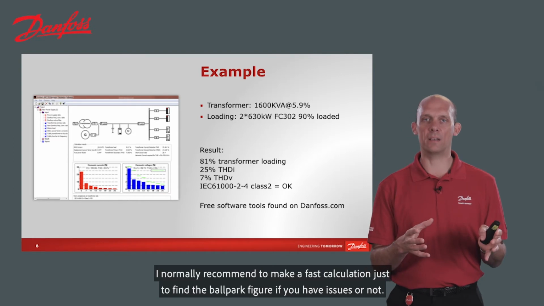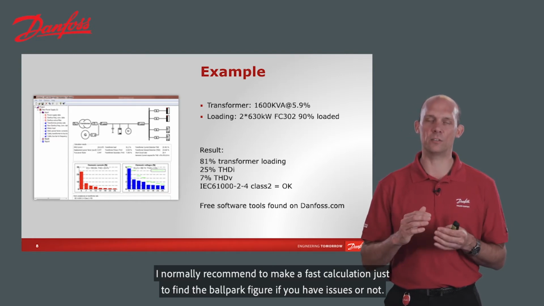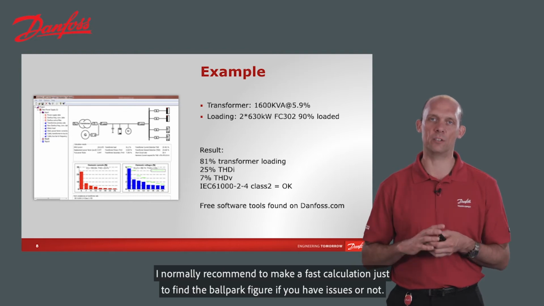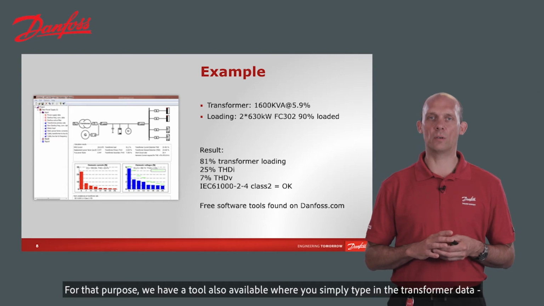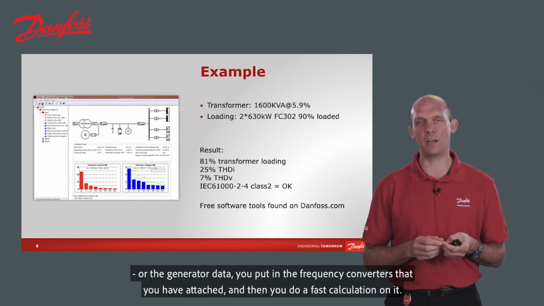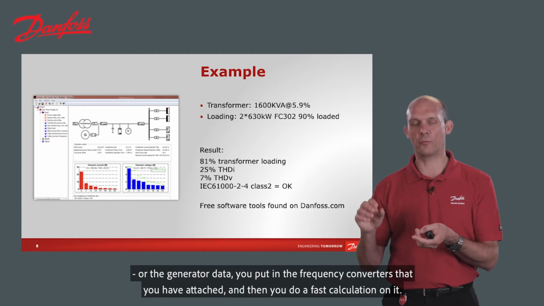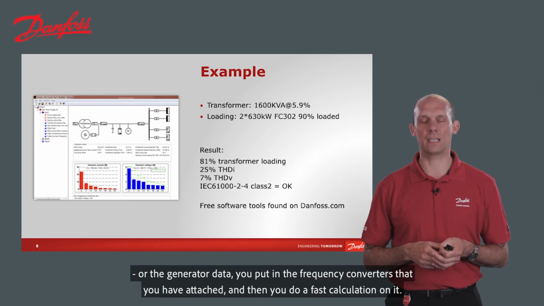I normally recommend to make a fast calculation just to find the ballpark figure if you have issues or not. And for that purpose, we have a tool also available where you simply tap in the transformer data or the generator data. You put in the frequency converters that you have attached, and then you do a fast calculation on it.